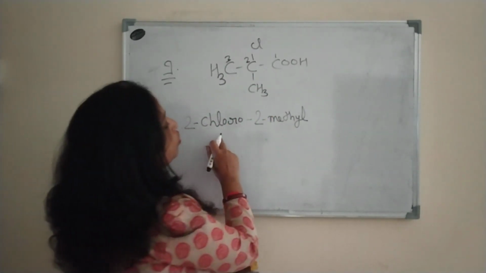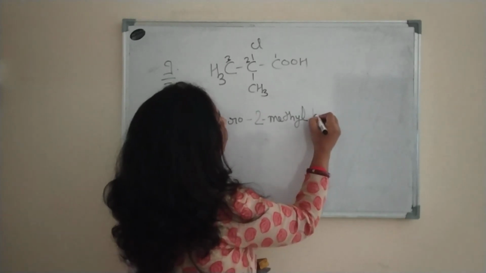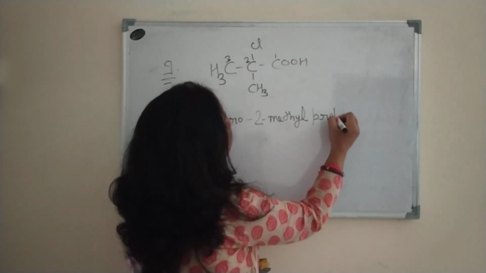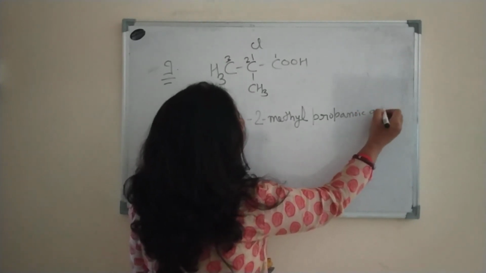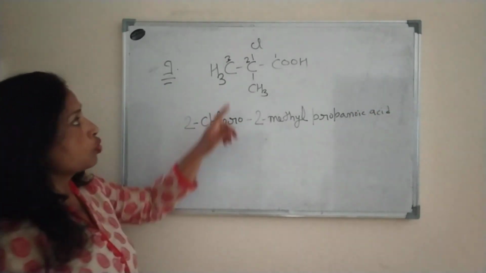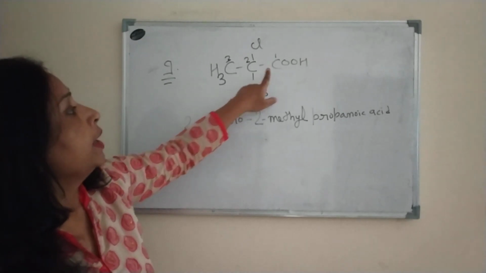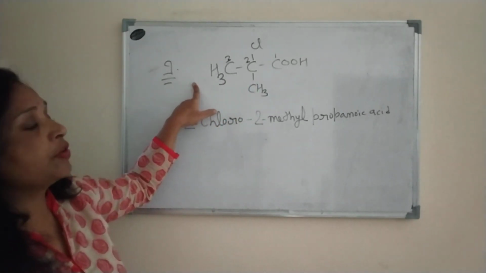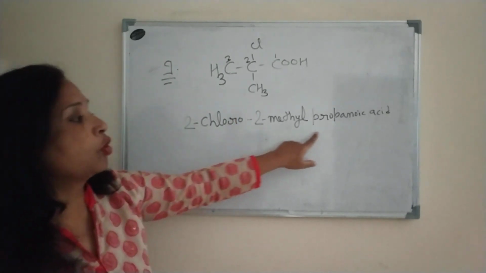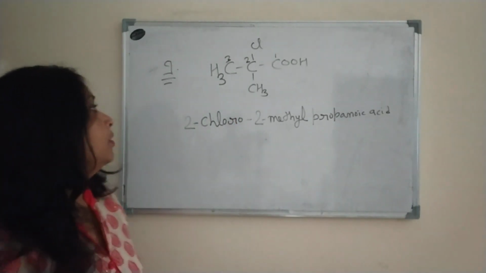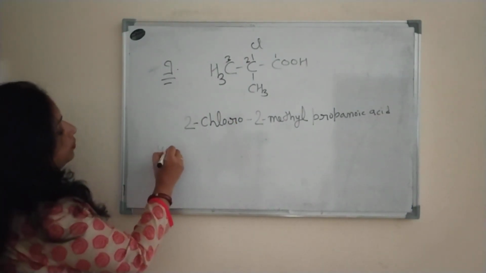The 3-carbon chain is there, and the functional group is carboxylic acid: 2-chloro-2-methylpropanoic acid, right? One more example I am going to take.